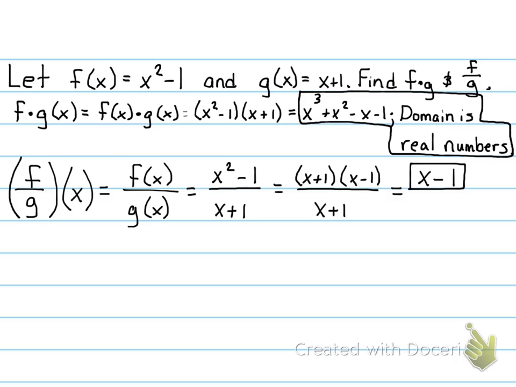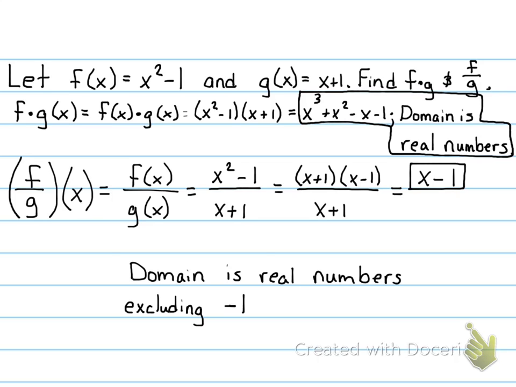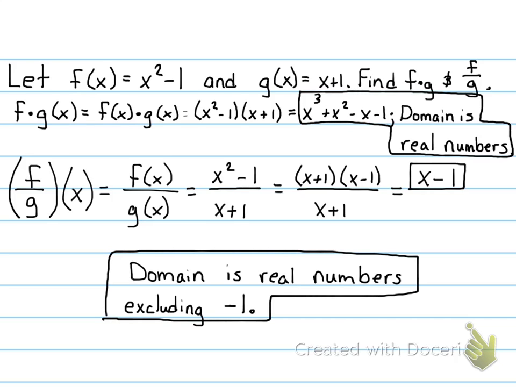That gives me an x minus 1 as my answer. Now, for the domain here, we have to remember that our g of x cannot equal 0. So what I'm going to say is our domain is all real numbers excluding negative 1. The reason why we have to exclude negative 1 is because if we have a negative 1 as our x, negative 1 plus 1 gives us 0, and 0 cannot be in the denominator.